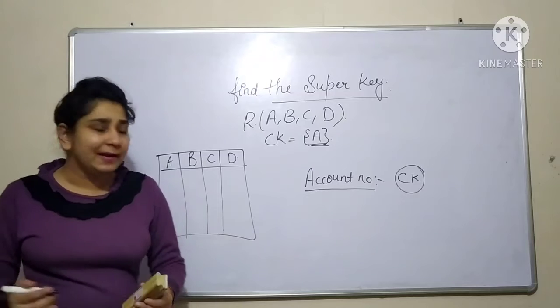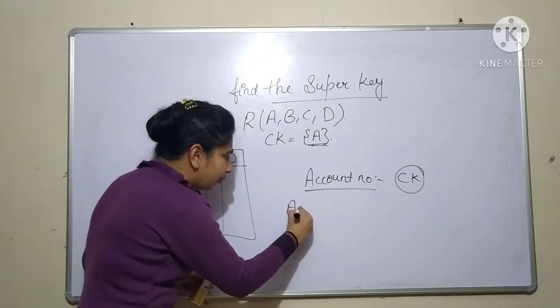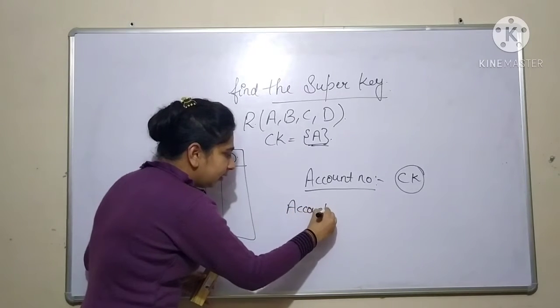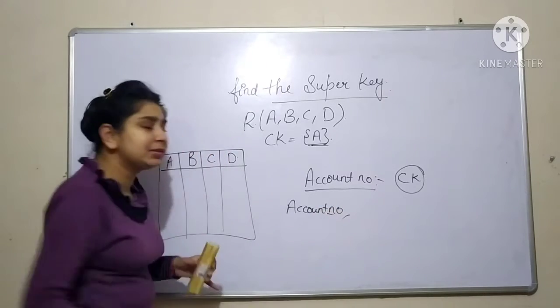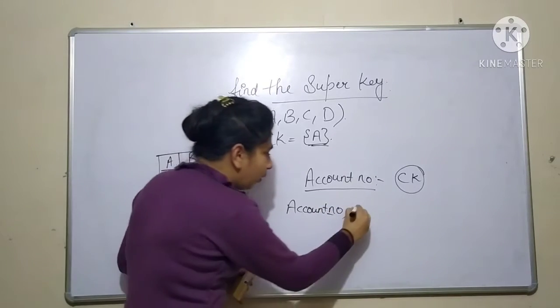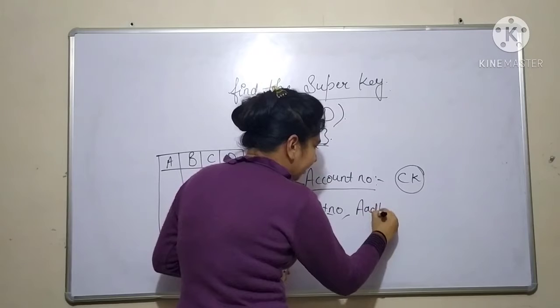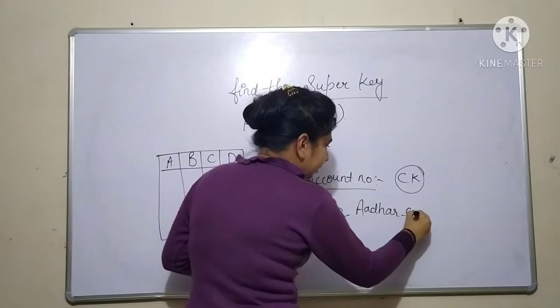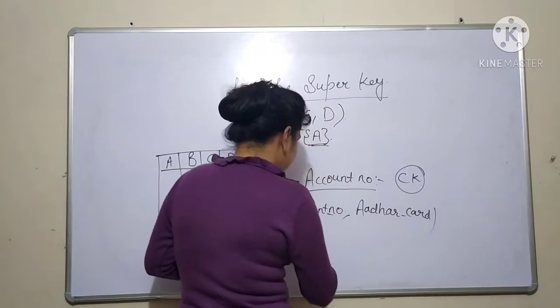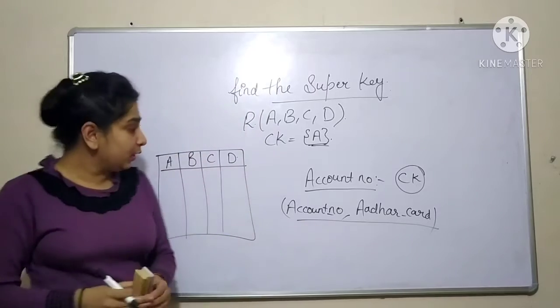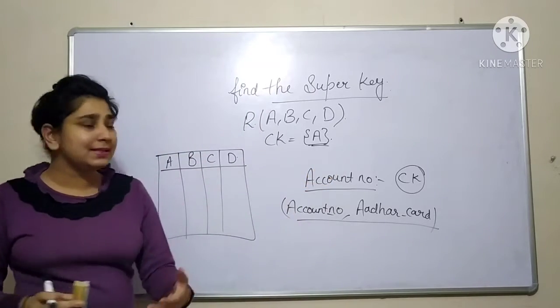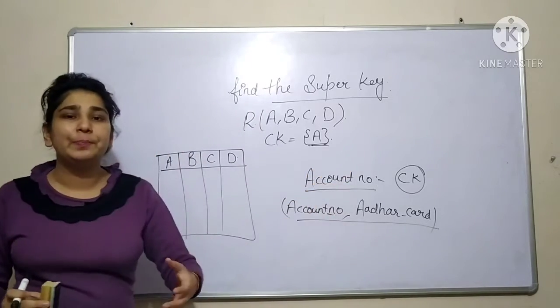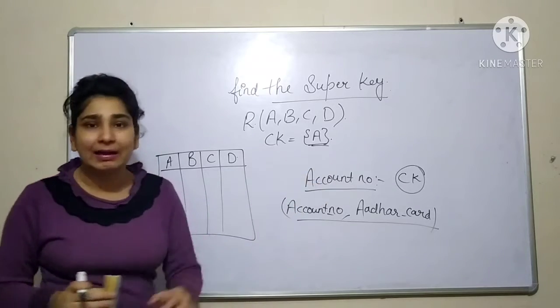But let's suppose I have the account number, and I also add one more attribute with it, the Aadhaar card. Only the account number is enough for the bank to check the complete details.